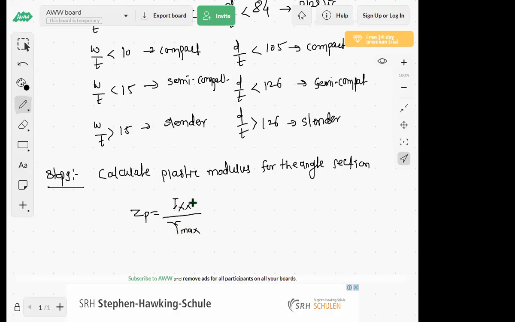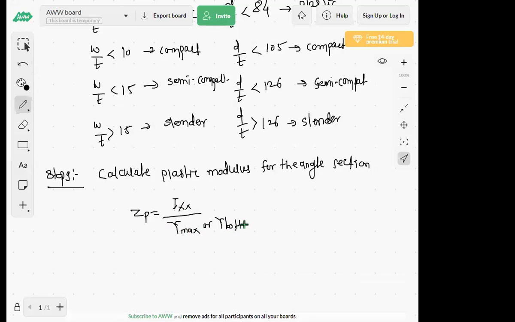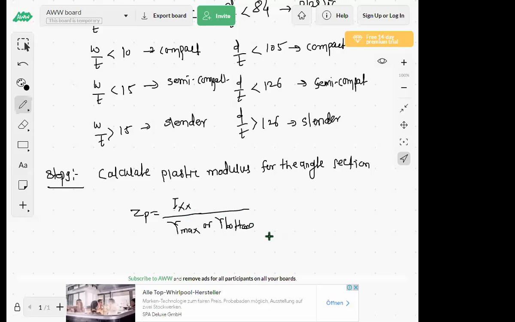So ZP is Ixx divided by Y max, or we call it Y bottom. It means the centroidal distance from the bottom we have to take here. Y is the centroidal distance and Ixx is the moment of inertia about the x-axis. In this way we can calculate the plastic modulus, that is ZP.